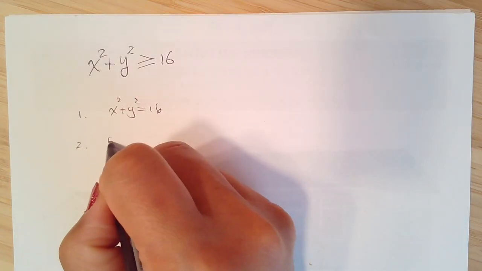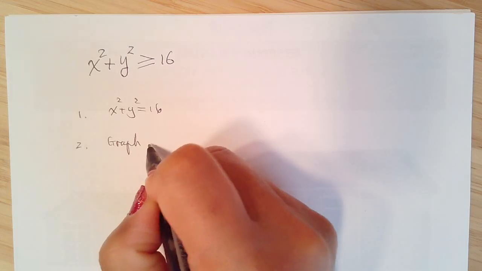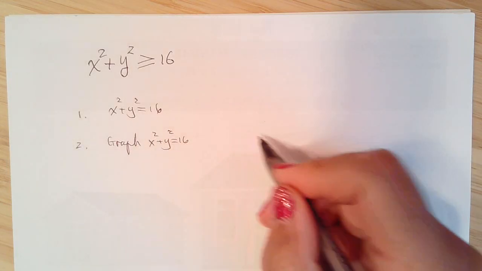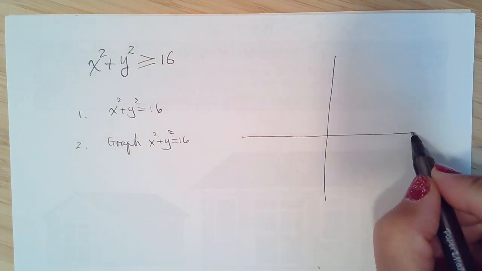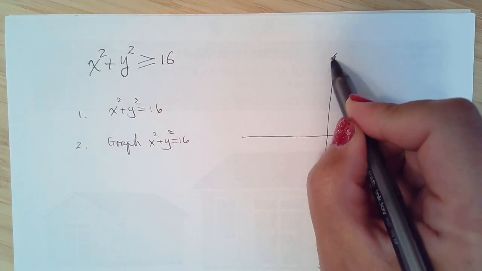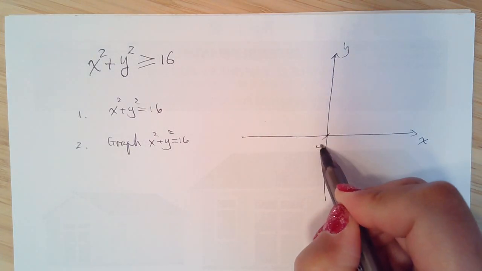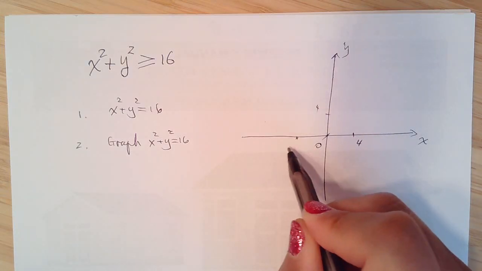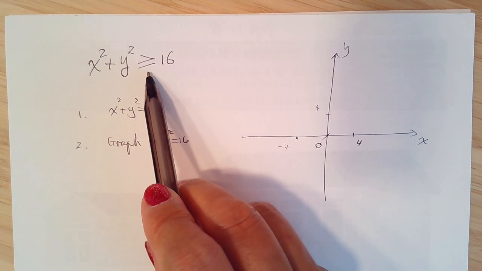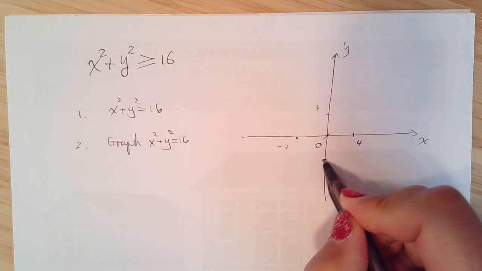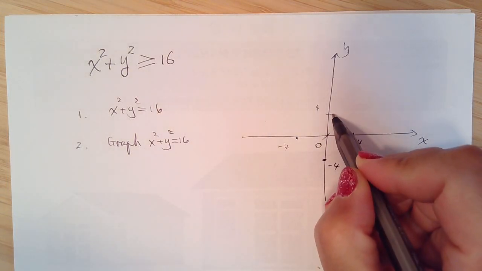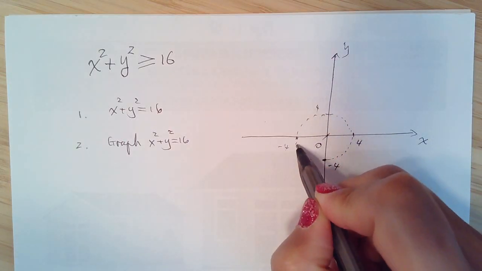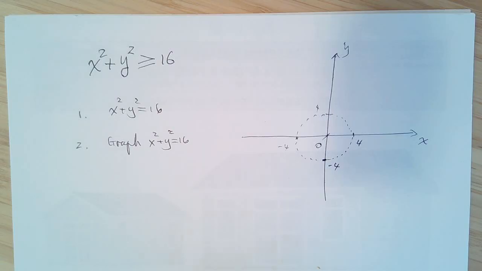And the second one, you're going to graph x squared plus y squared equals 16, which is a circle with a radius of 4. Before I do anything, I would like to keep that dotted because I don't really know. But you already see here is equal, so you can put a solid, but I want to do that at the last step. So it's going to be a circle. Okay, just treat that as a good circle.